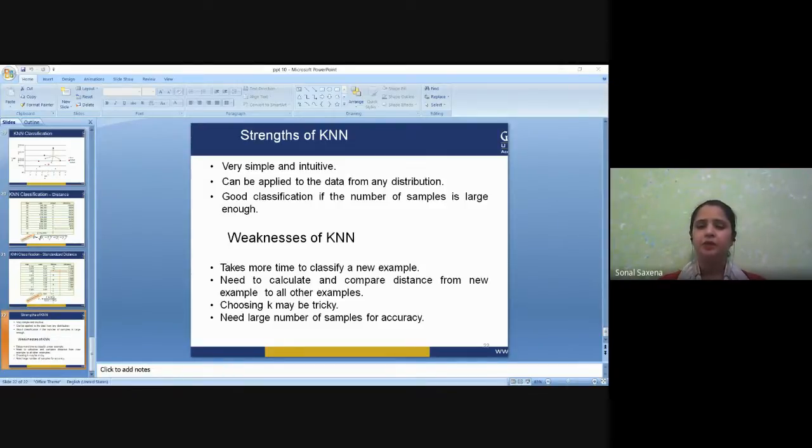Step three: take the k nearest neighbors as per the calculated Euclidean distance. In step four, among these k neighbors, we count the number of data points in each category. In step five, we assign the new data point to the category for which the number of neighbors is maximum. And lastly, step six says our model is ready.